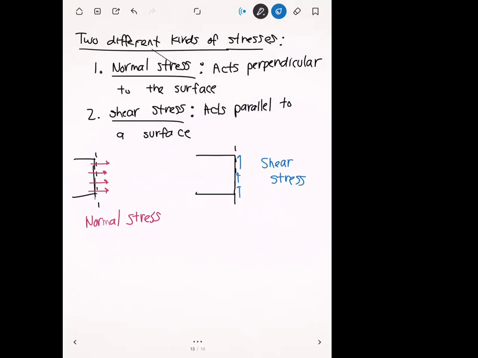All right. And so oftentimes we can characterize this stress in terms of which directions they go. We have normal and shear here, but you can also characterize them in terms of which Cartesian direction they go. The most general case that I can draw here is a cube in 3D space.